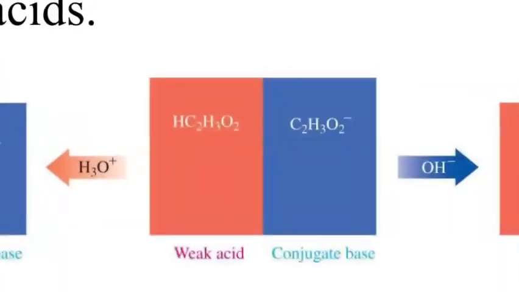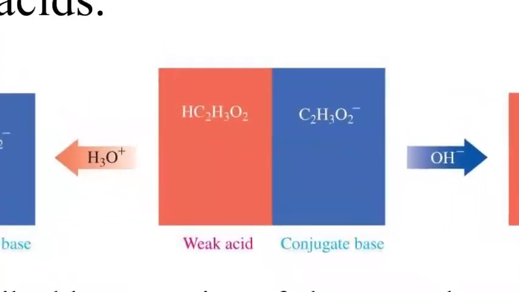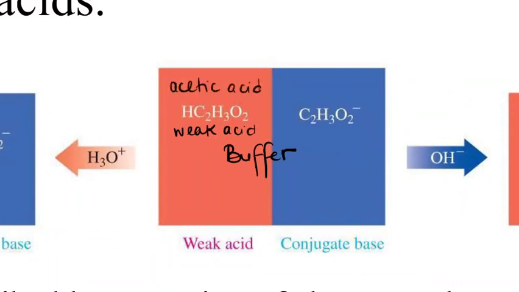So here we have a particular buffer system. So this is our buffer. In our buffer, our weak acid is acetic acid. Our salt of conjugate base is acetate.